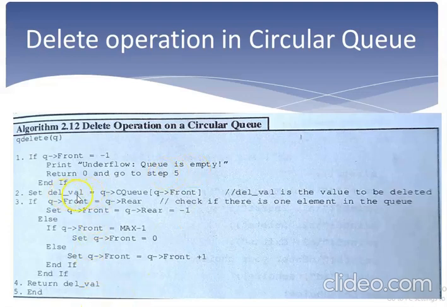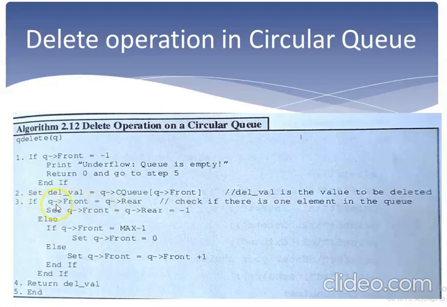Otherwise, we are assigning the value pointed by this front pointer to a local variable. Then we have to add 1 to that front pointer for advancing that pointer.